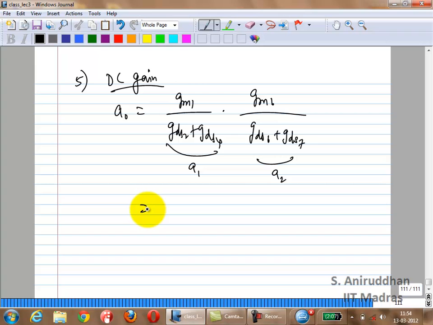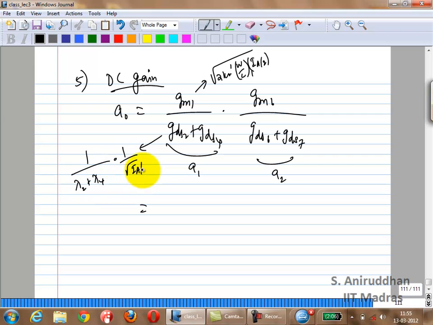Correct? What you can do is, you can write this in terms of W over L, Kn prime W over L, right? Times I. And then you'll get, this will be root of... Oh, sorry.